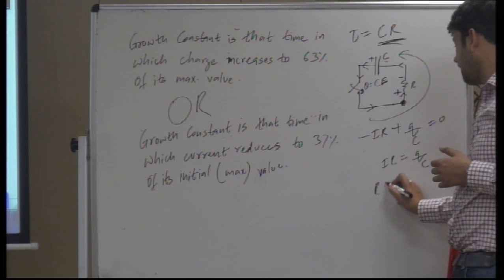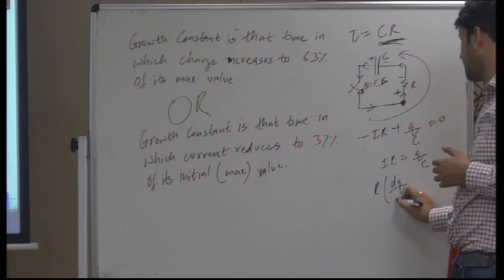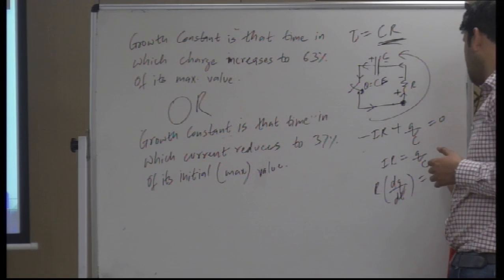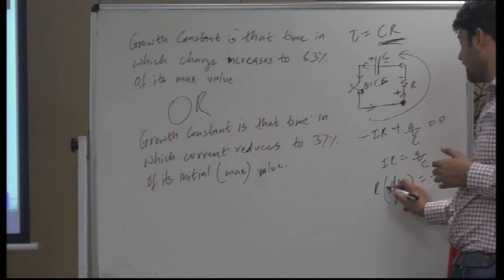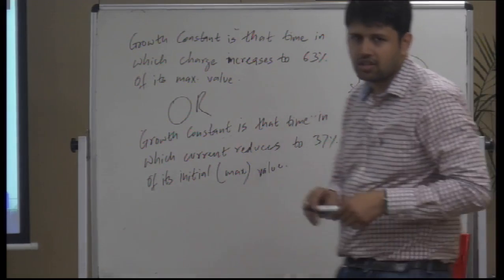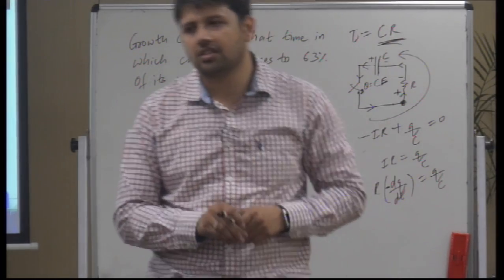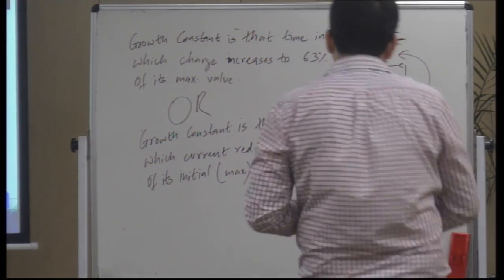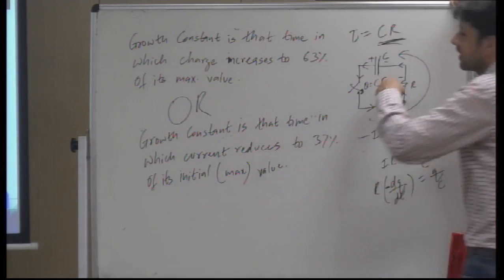I can write R into dQ by dt equals Q by C. Now there is a problem. We need a negative sign. Why do we need a negative sign? The thing is that charge is decreasing.